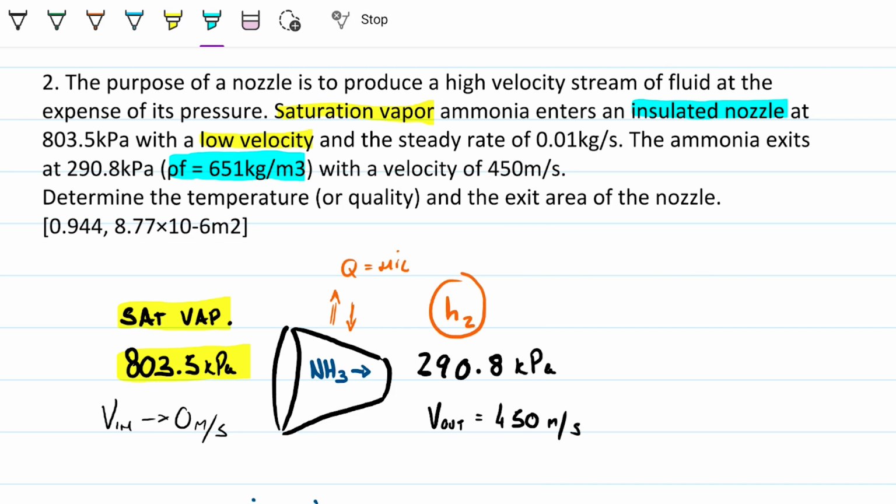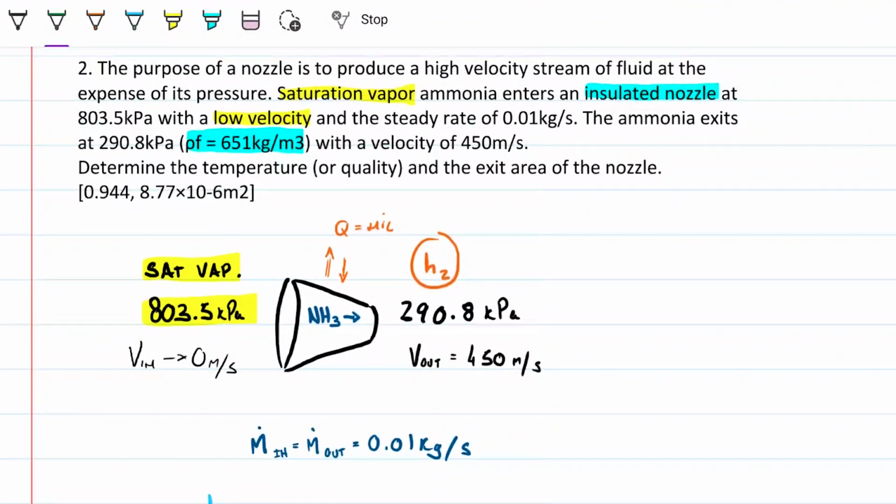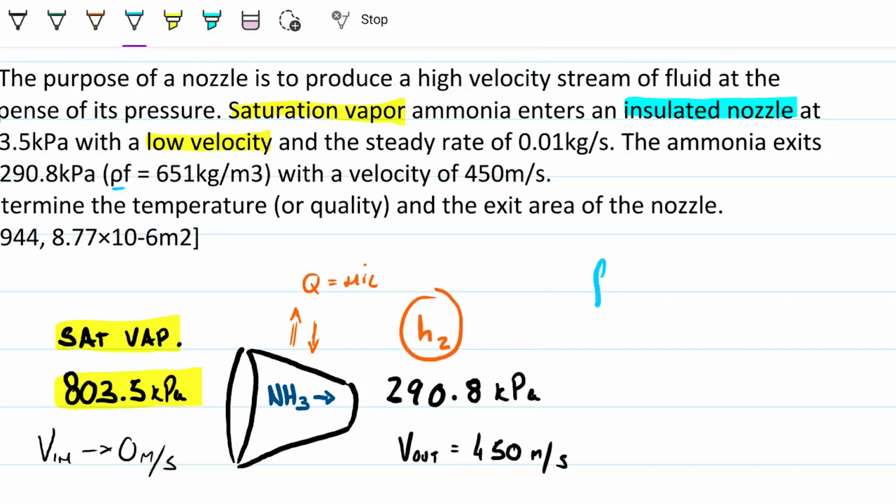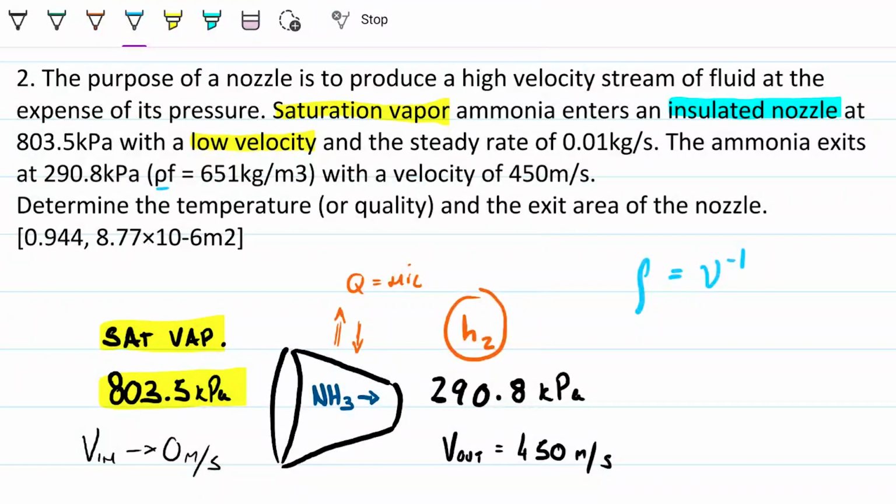Okay, so how do we set up this idea? Well, we have been given that the ammonia exits with a certain density, right? And density, as we know, is the inverse of the specific volume. And we need to find the specific volume of the exit to be able to grab the cross-sectional area. However, note that this is the density of the fluid.